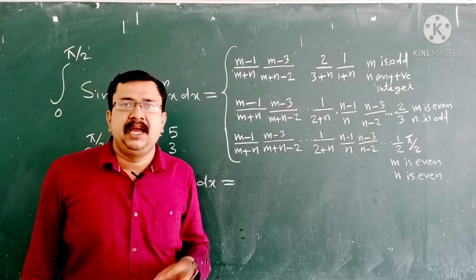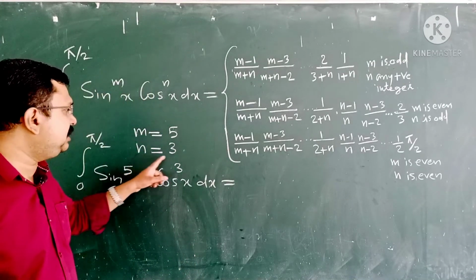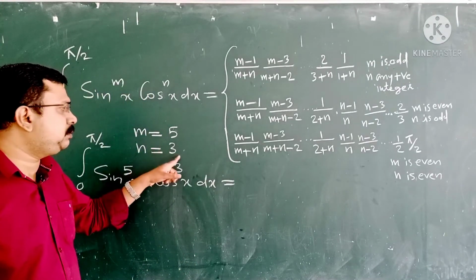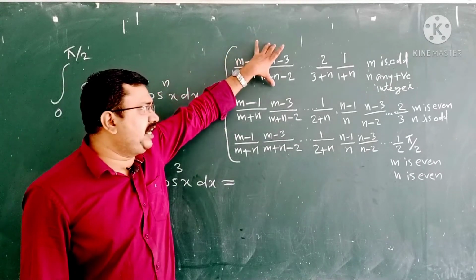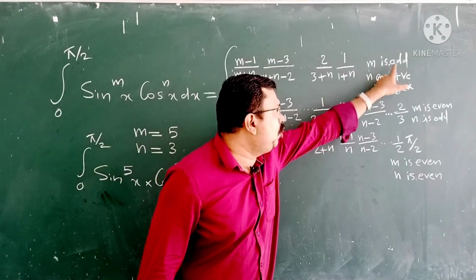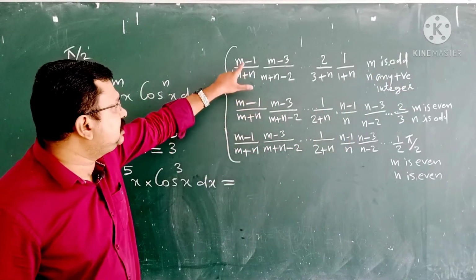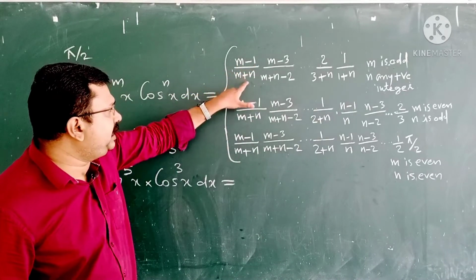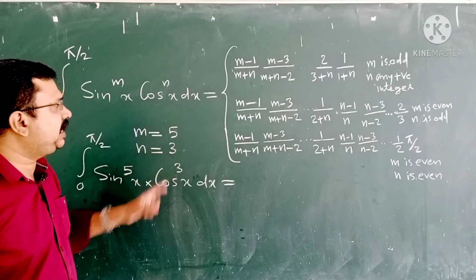That means m is an odd number and n is any positive integer, n is 3. Therefore, we may take the first case as our result. Then the answer is (m minus 1) by (m plus n). Here m is 5, n is 3.